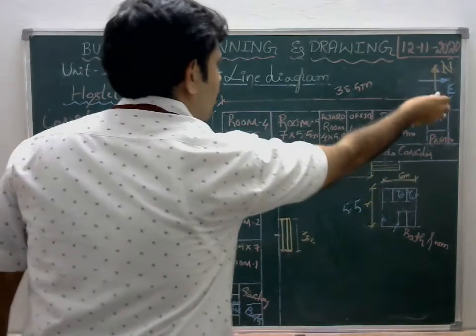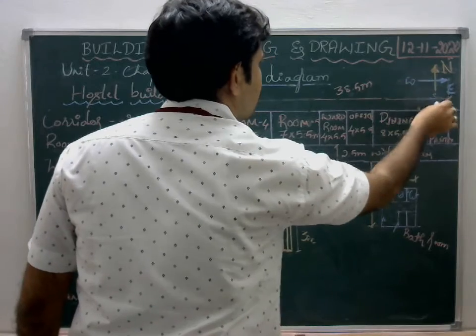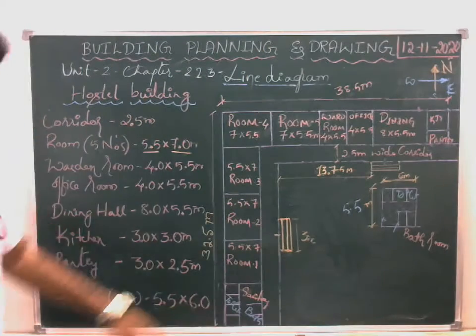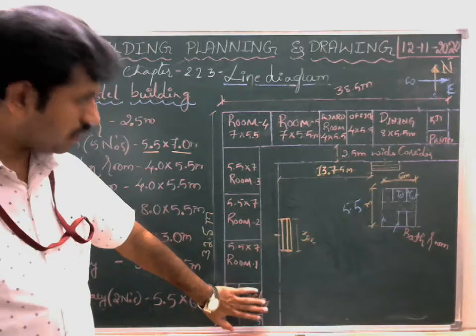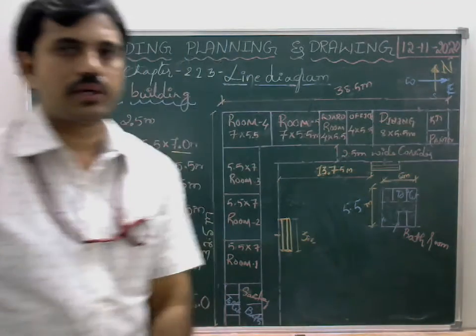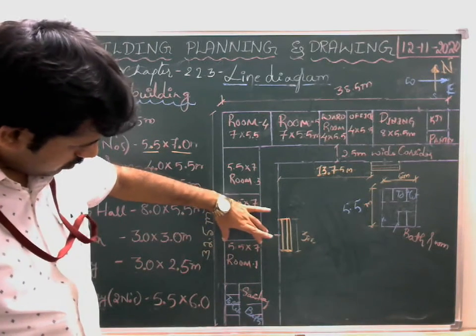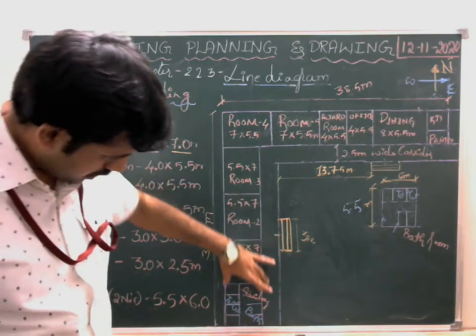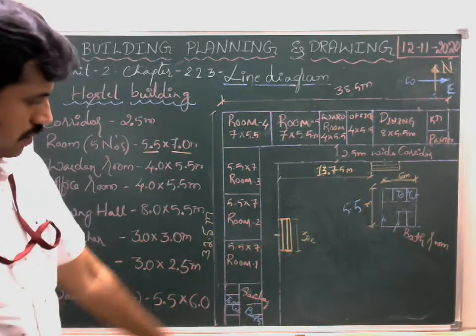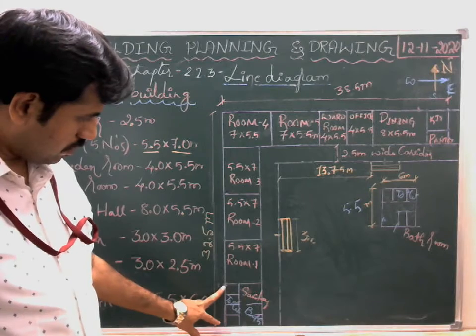Automatically this will be north and this will be south and this will be west, so southwest. In the southwest direction I have kept one sanitary and in the northeast direction I have kept another sanitary. Again the dimension will be the same: 5.5 along this direction also, and this will be 7 meters.